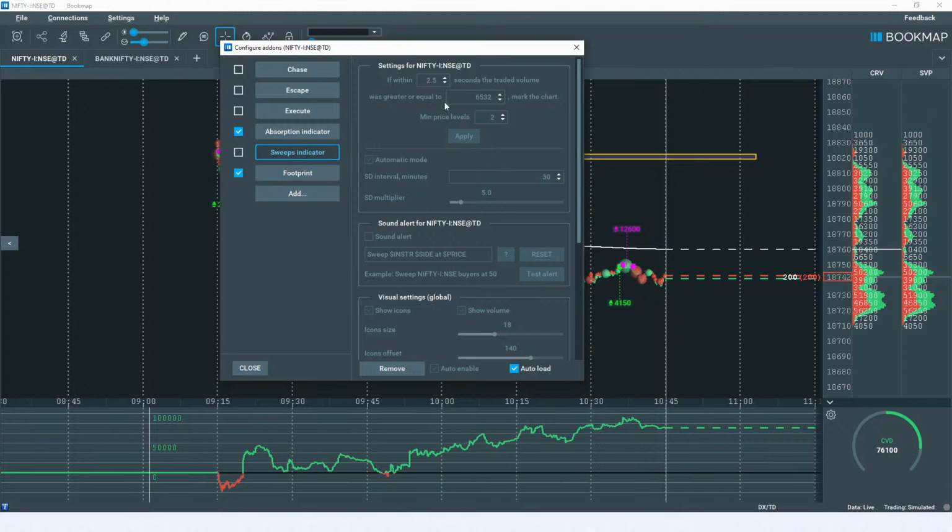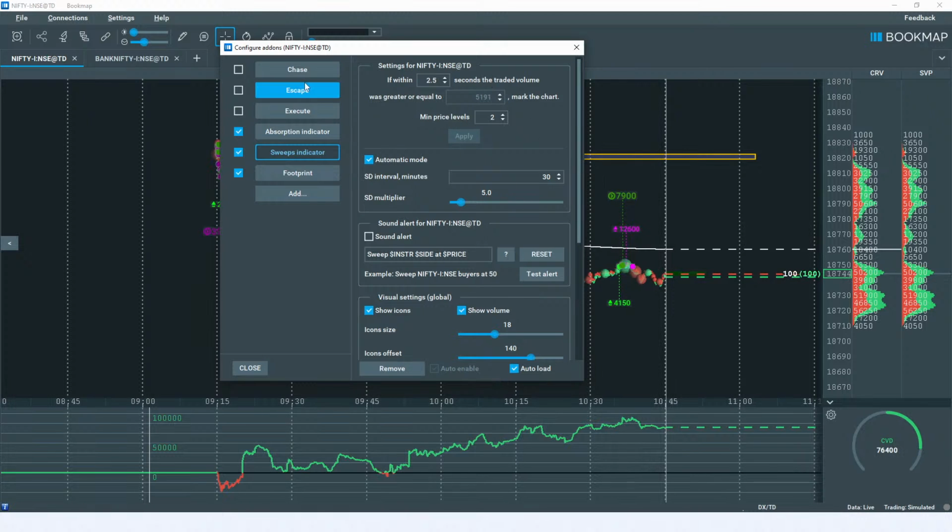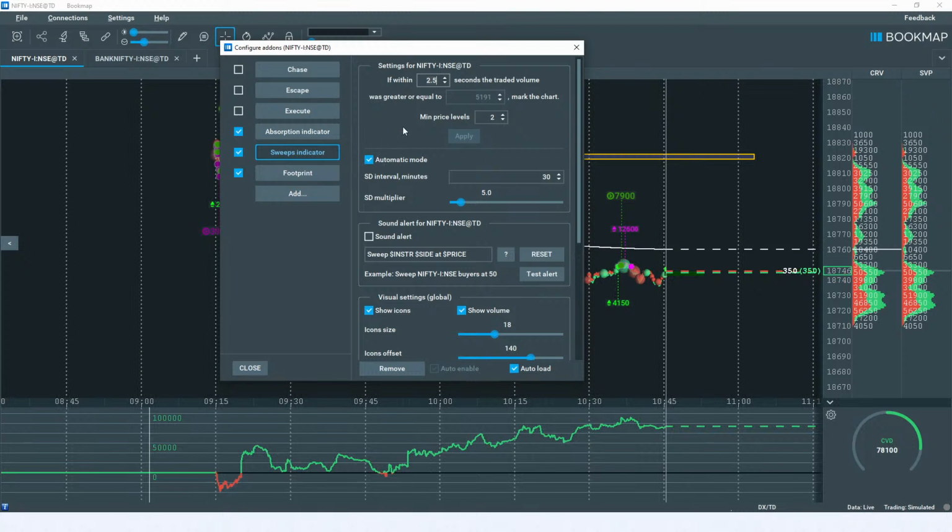In simple words, you can see this is the condition that the software looks for. Basically, if within 2.5 seconds, for example 2 seconds or 2.5 seconds, the number of orders executed exceeds the set value. Similar to the absorption indicator, I made it automatic mode.